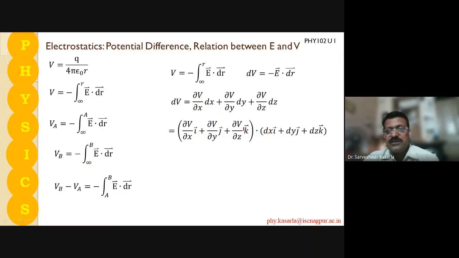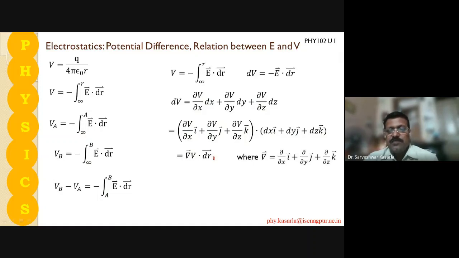So we have just expanded this expression as the dot product of two vectors. So why this happens, let us see. This can be written as the del operator operating on V, dot, and this vector can be written as dr. This is just notation.